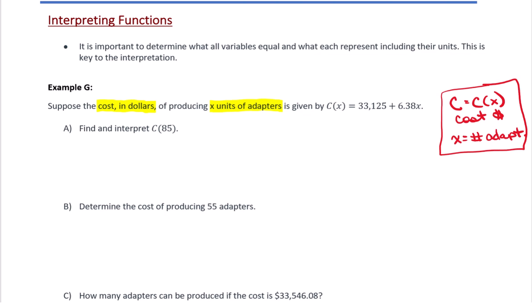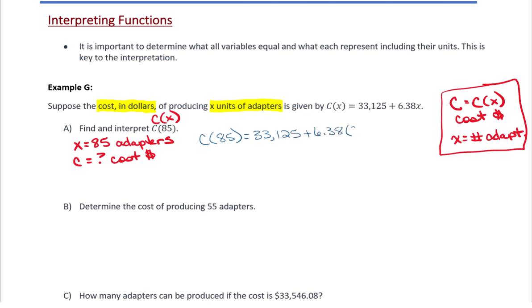So they're asking us to first find and interpret C of 85. If it's C of x, that's telling us that we have 85 adapters, and they're asking us to find the cost in dollars. So to find C of 85, we plug in 85 everywhere there's an x. So if we plug in that 85, we will end up getting 33,667.3.